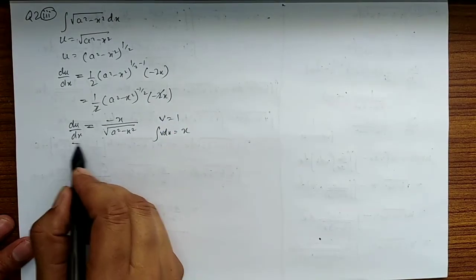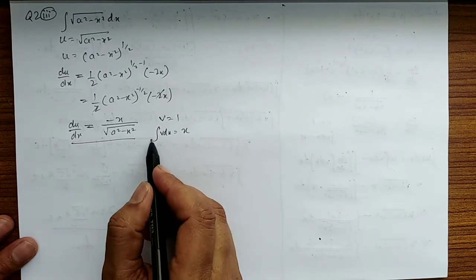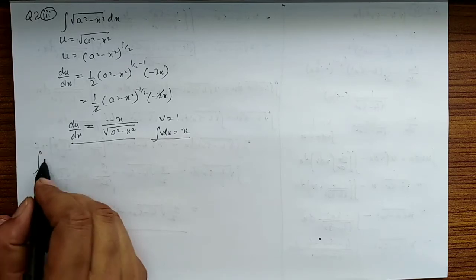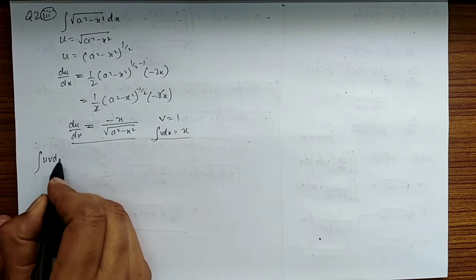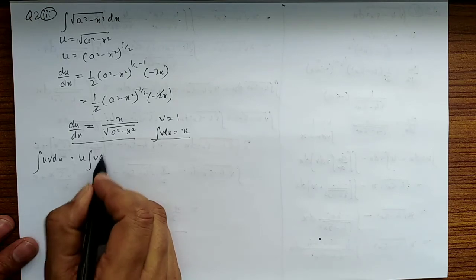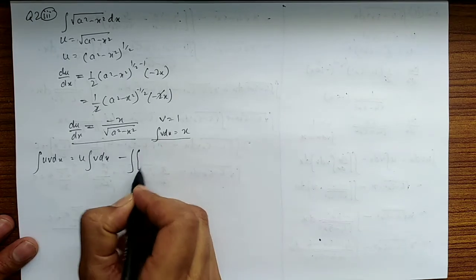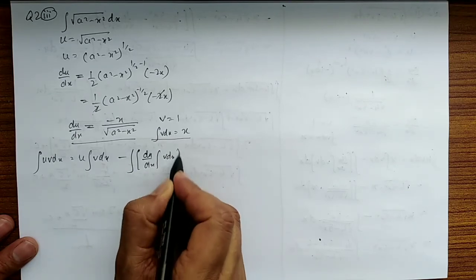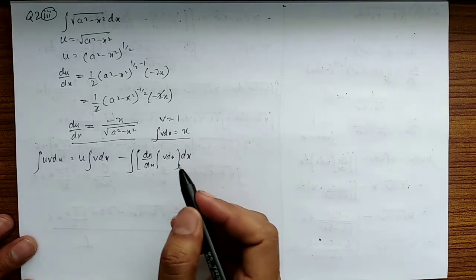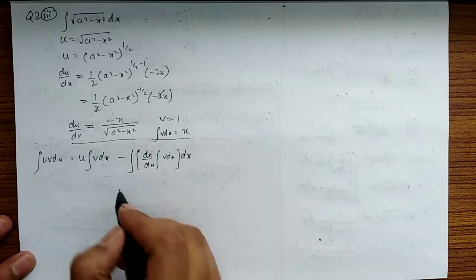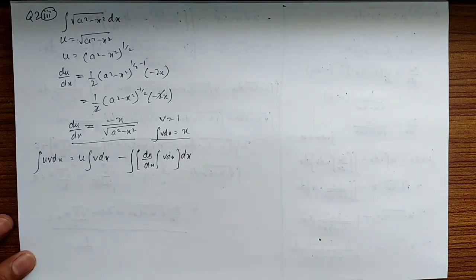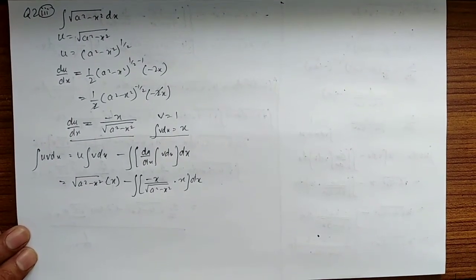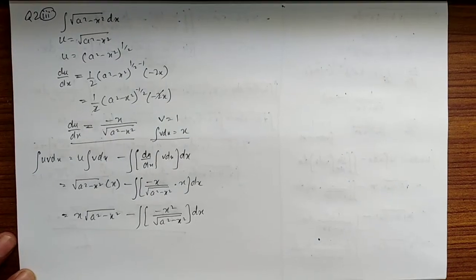So by putting this du upon dx and this part into the formula of integration by parts, which is this one, derivative of the function into the integral of v, we put the values into this formula, and by simplifying it further, we have this expression.